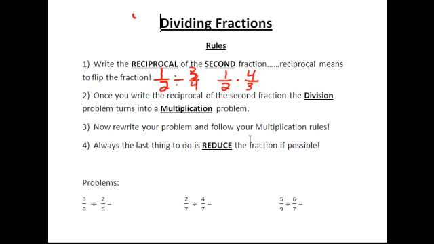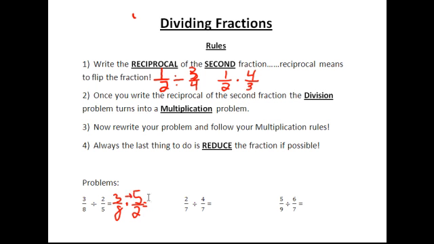Okay, so let's look at our examples down here. First one, we have 3/8 divided by 2/5. Our first rule says to flip the second fraction. So 3/8 stays the same, and now it's going to be multiplication, and instead of 2/5 I have 5/2. And then our multiplication rule says that we just multiply straight across.